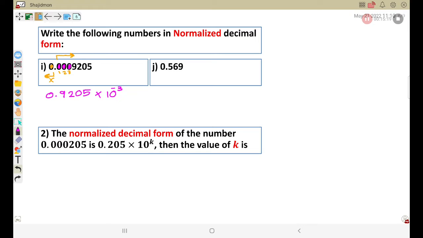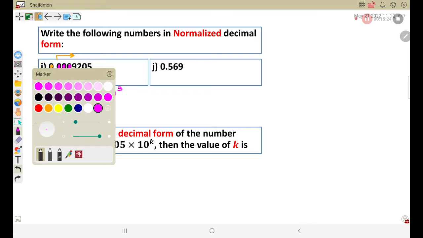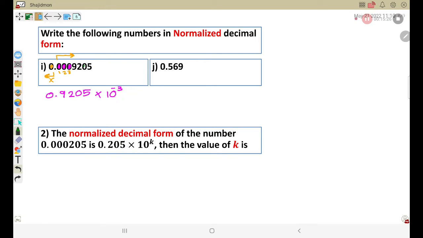After the point means the power should be negative, and I told you immediately. Because here see 1 0 is there, this 0 it will not take, because it is not immediate. After some number, after 9 2, that 0 is coming, correct? After some number means that 0 doesn't count. Immediately how many zeros are coming, that is the power, and with negative sign, minus 3.